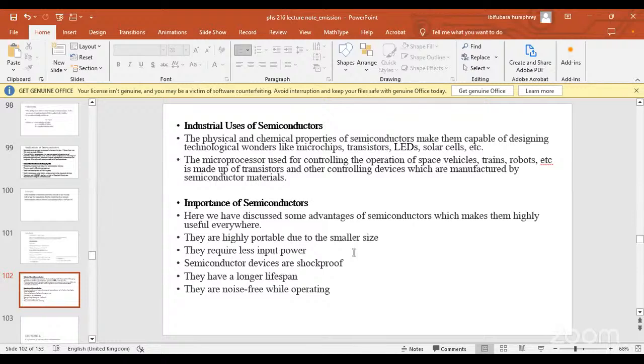A vacuum tube too can function like a semiconductor, but because they are large, consume much power, and generate much heat, those are major disadvantages. So semiconductors have come to replace vacuum tubes.